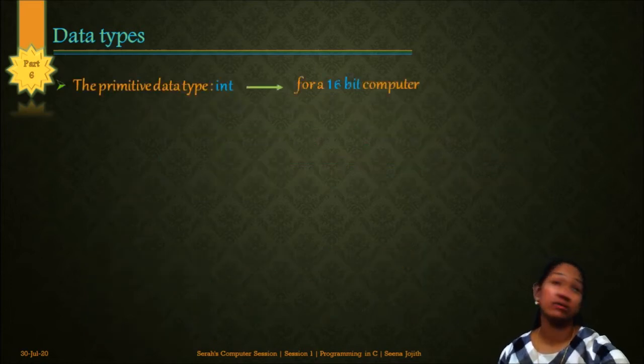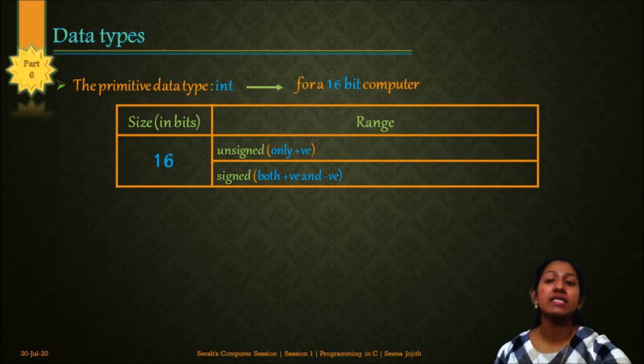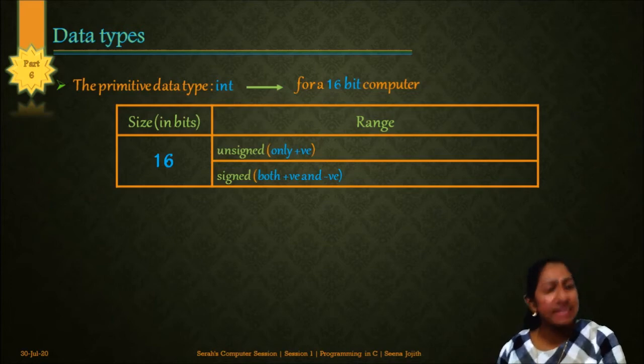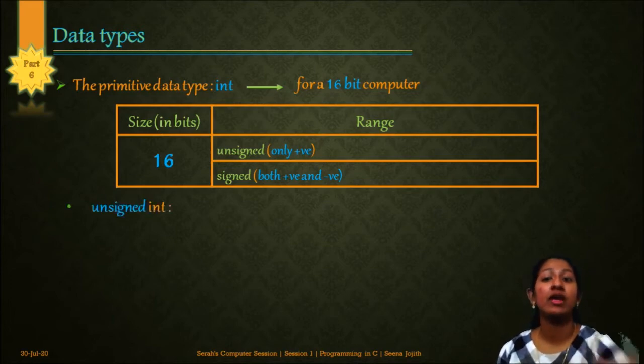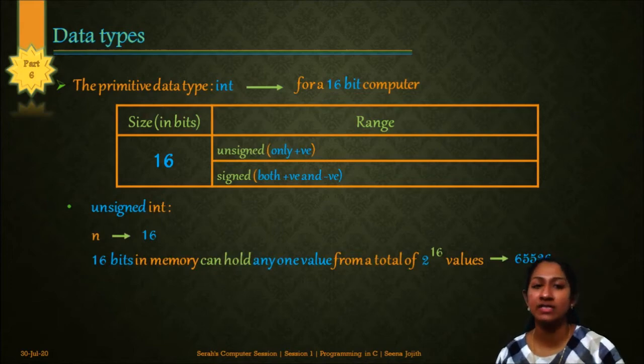Now we'll see how the values of int are calculated. The size allocated for an int data type in a 16-bit computer is 16 bits. For an unsigned int, if n is 16, then you can generate 2 raised to 16 values. The value of 2 raised to 16 is 65,536.